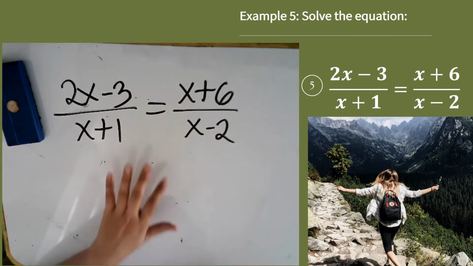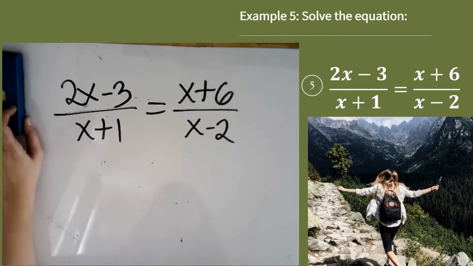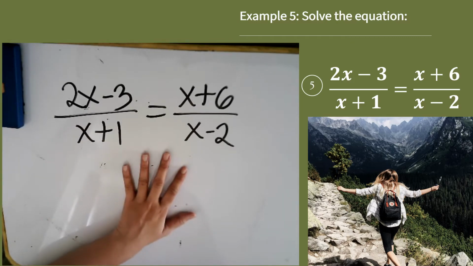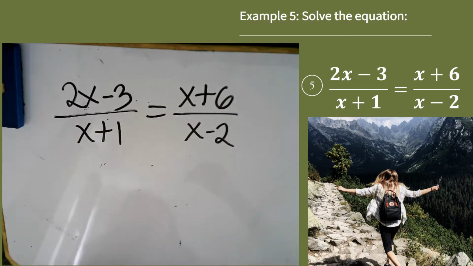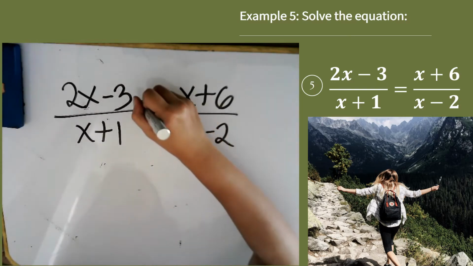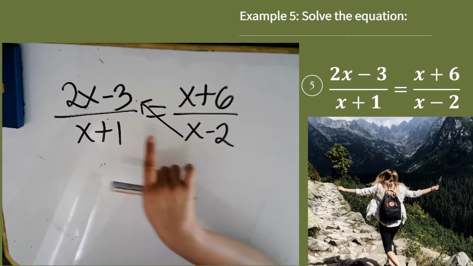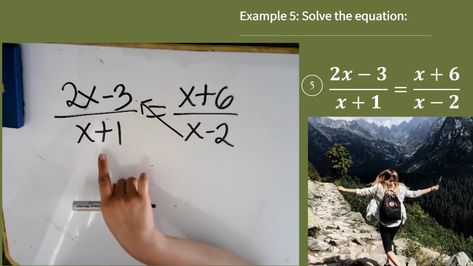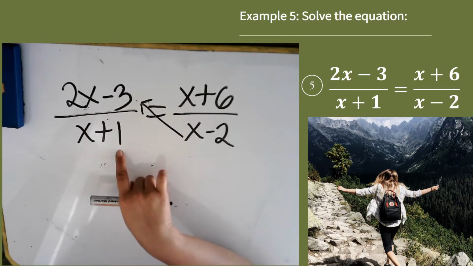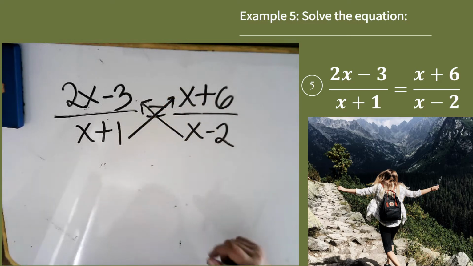Okay, so to answer this, what we're going to do again is to eliminate the fraction, and we'll do that by doing the cross multiplication. So we are going to multiply this denominator x minus 2 to the numerator 2x minus 3, and then this denominator x plus 1 should be multiplied to the numerator x plus 6.